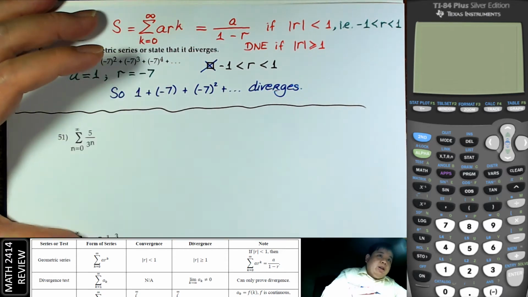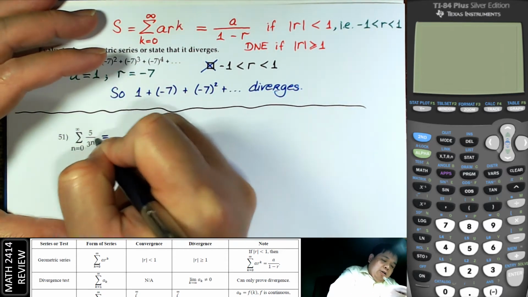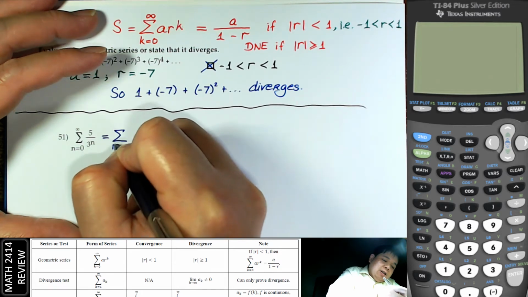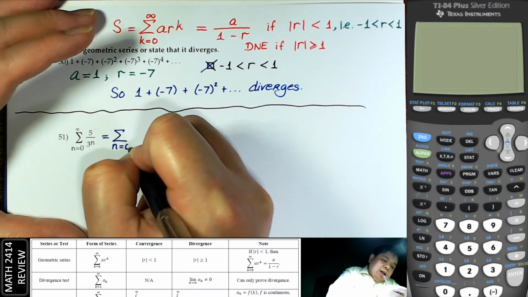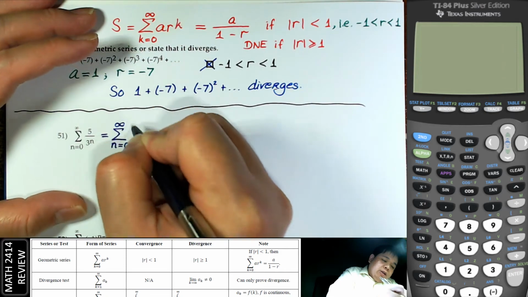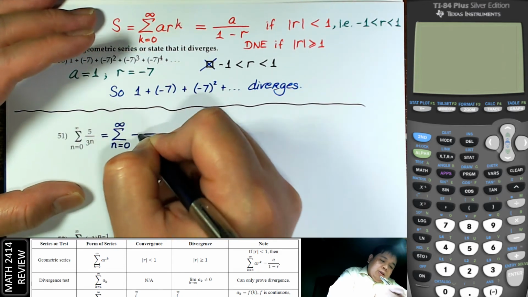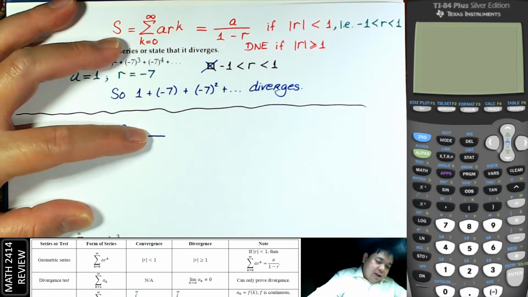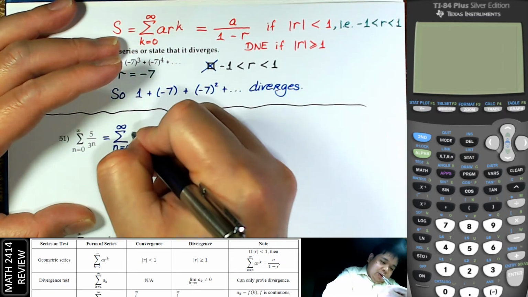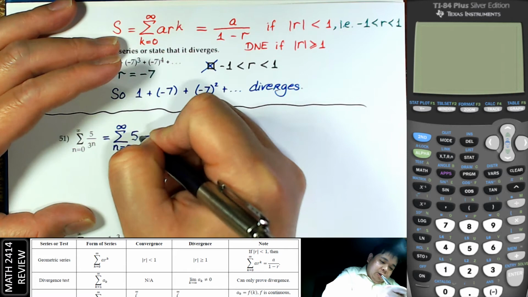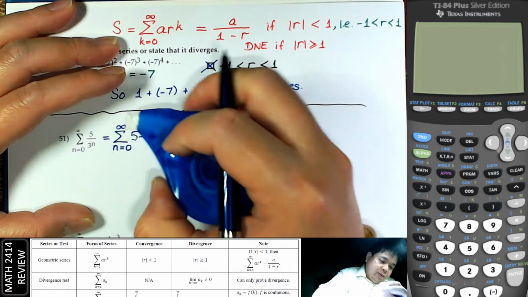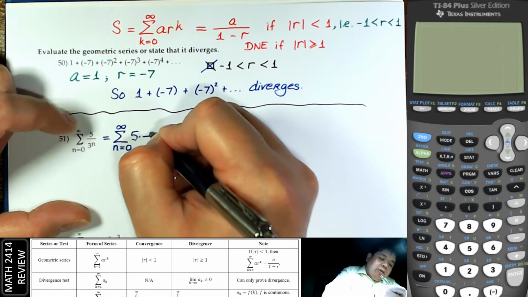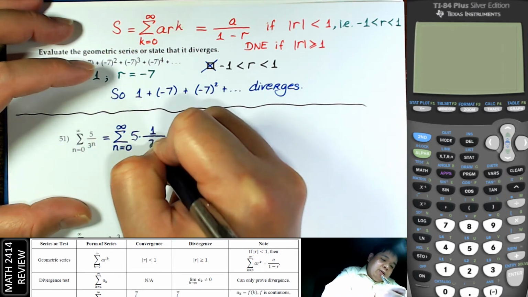Right, so for this problem, first we check the 5 outside. And the index goes from 0 to infinity. I said we check the 5 in front. And then if we check the 5 in front, there's only 1 on the top.